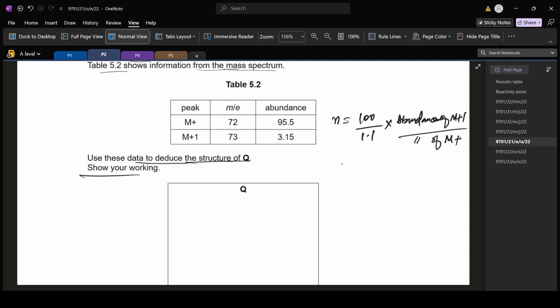You have to remember this formula. n is the number of carbon atoms, and 1.1 is the abundance of carbon-13. Multiply by 3.15 divided by 95.5. From here you will get n equals 3, so there are 3 carbon atoms.